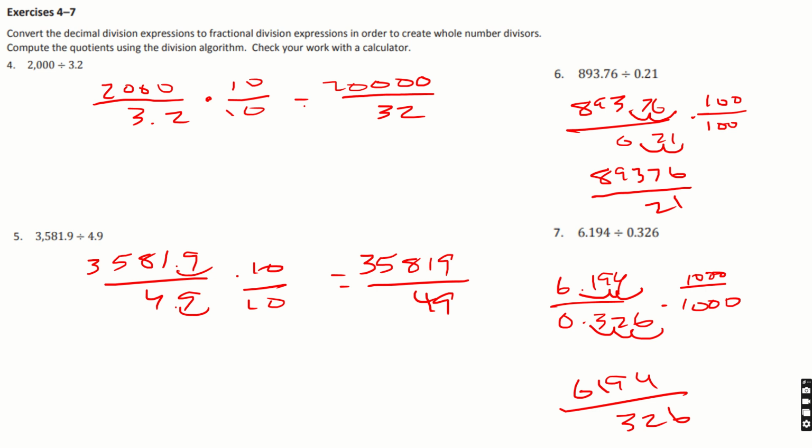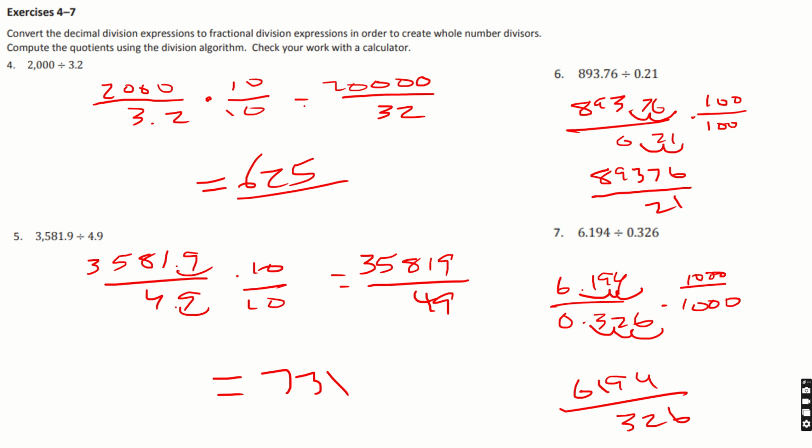And then using our calculators, we're going to go ahead and just do the math on that. So I have 20,000 divided by 32 is exactly 625. And I have 35,819 divided by 49 is exactly 731.